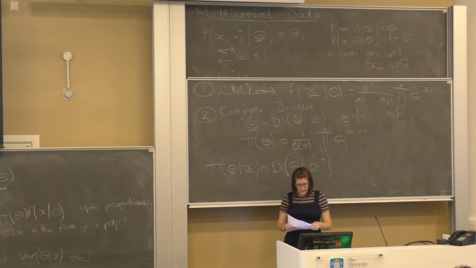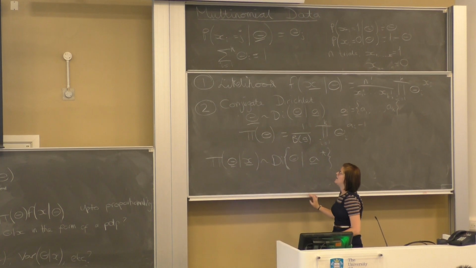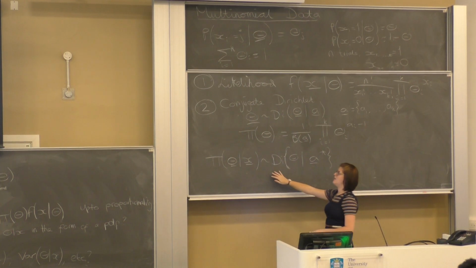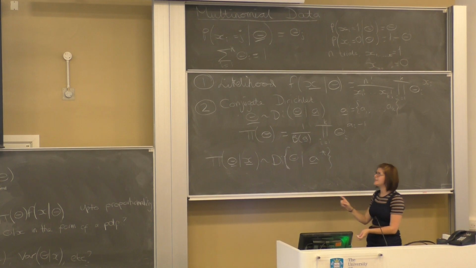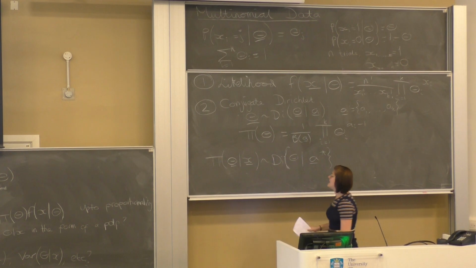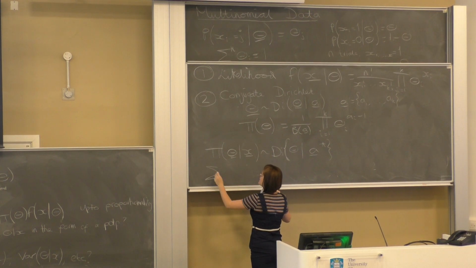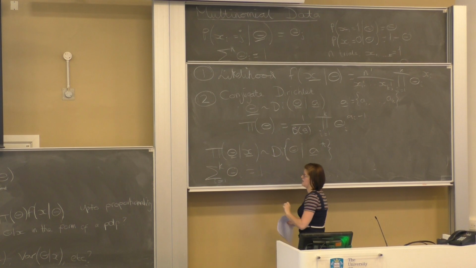So the only thing to be aware of with this is that although this prior distribution of a Dirichlet is conjugate, so it makes things nice, our posterior is going to have this Dirichlet distribution and we can do that analysis. This might not be the best distribution to use as a prior. And that's because we have this constraint that the sum of our parameters has to equal 1.